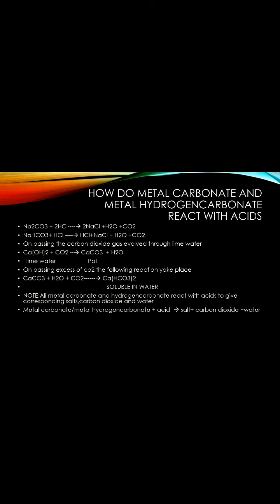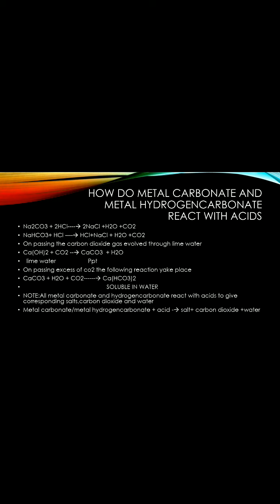That sodium carbonate reacts with HCl, hydrochloric acid, to produce NaCl, water and carbon dioxide. Okay, when the metallic hydrogen carbonate reacts with the acid, say for example NaHCO3 plus HCl, it gives you NaCl, water and carbon dioxide.